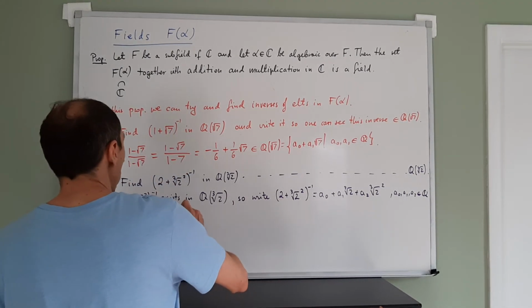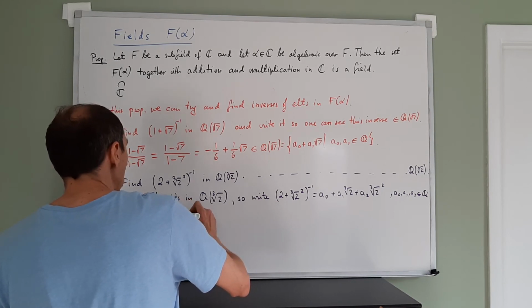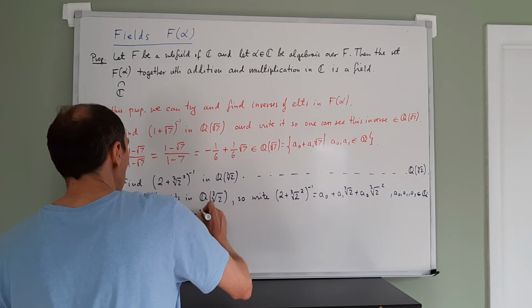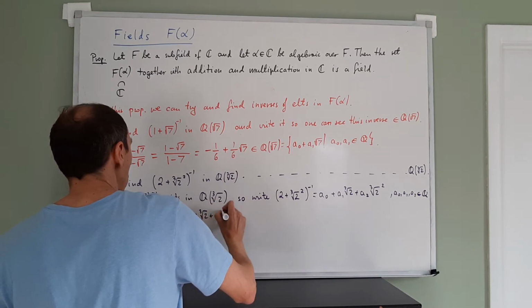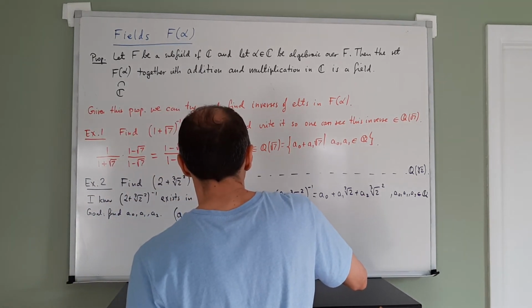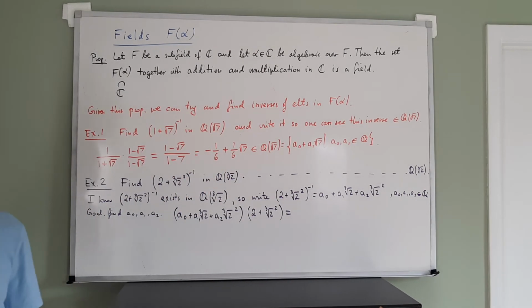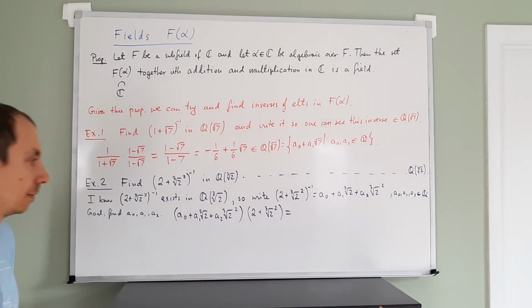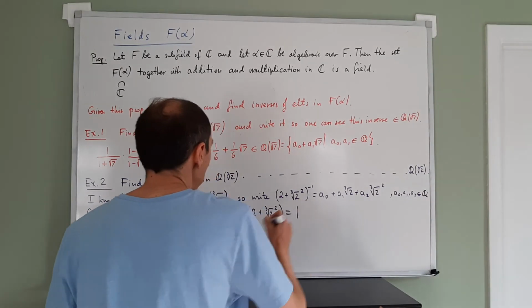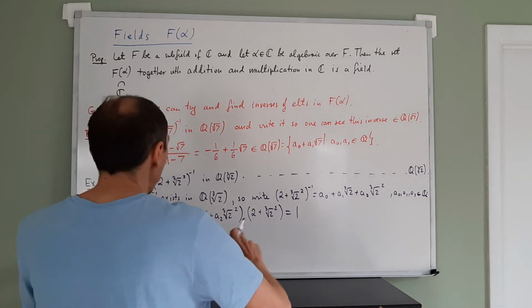So what do I know? Well, I know that if I take this element and multiply it by 2 plus cube root of 2 squared, what do I get? I get 1, because that's the inverse of that. So I multiply everything out and collect like terms.